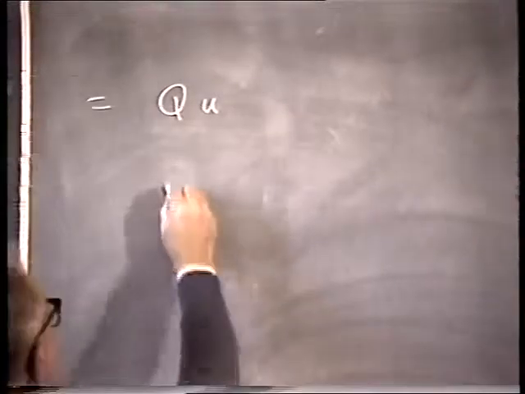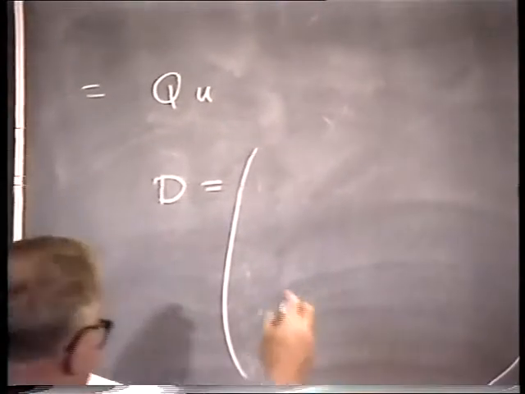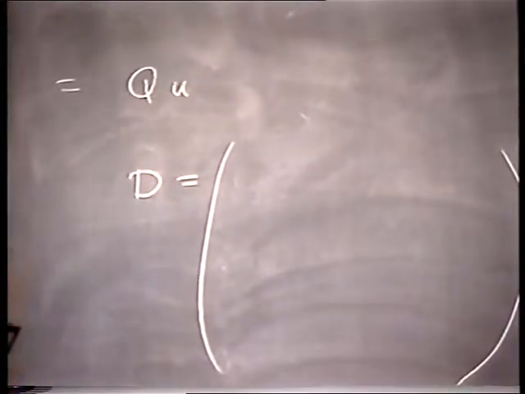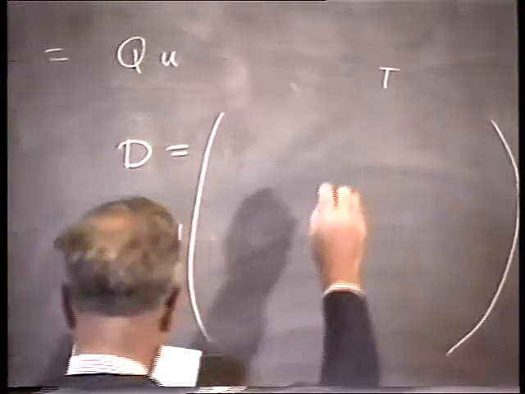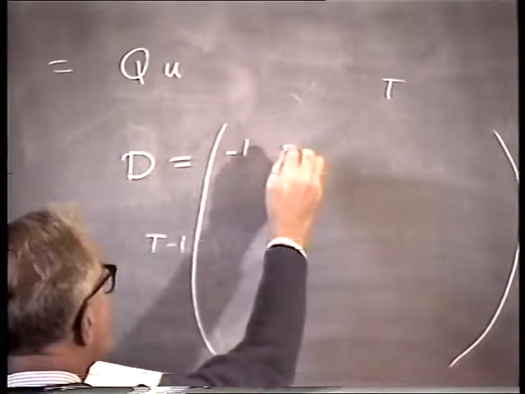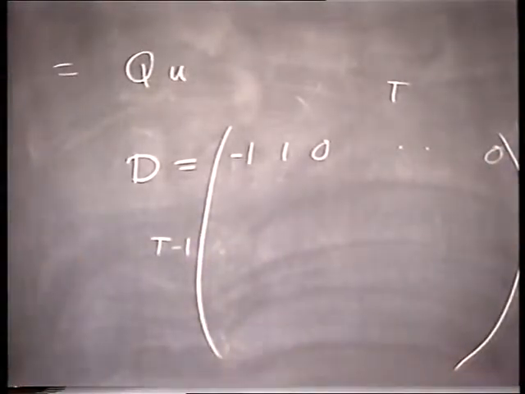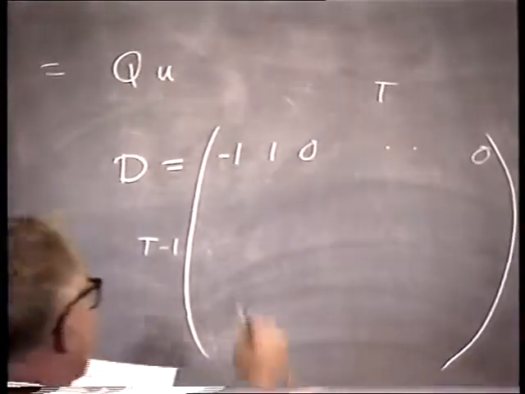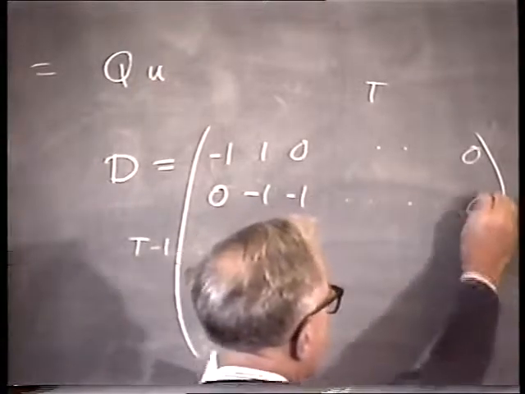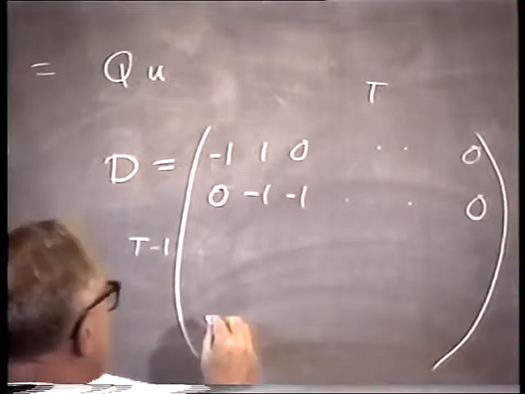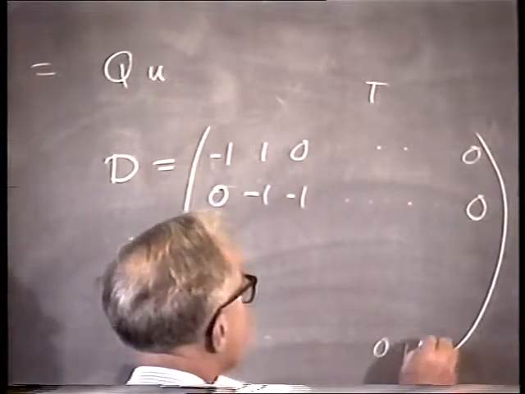It's convenient to introduce the notation D for the difference operator, and this is simply a matrix, T minus 1 by T, which has its first row minus 1, 1, then T minus 2 zeros, and then simply moves up one place as one goes from row to row, finishing with a block of T minus 2 zeros and minus 1, 1.